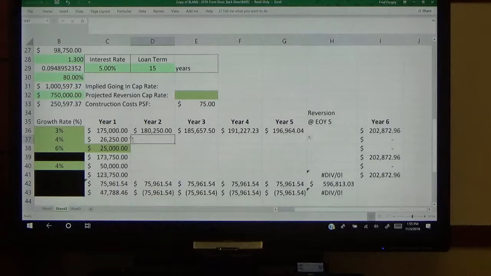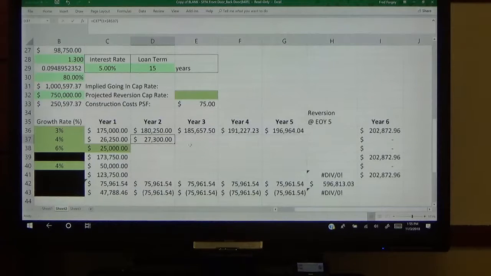And this one, basically the same sort of thing. You're going to go equal, times 1 plus the growth rate. Okay, once you've got it, and just like before, the dollar sign in front of, in this case, B37, copy it over.